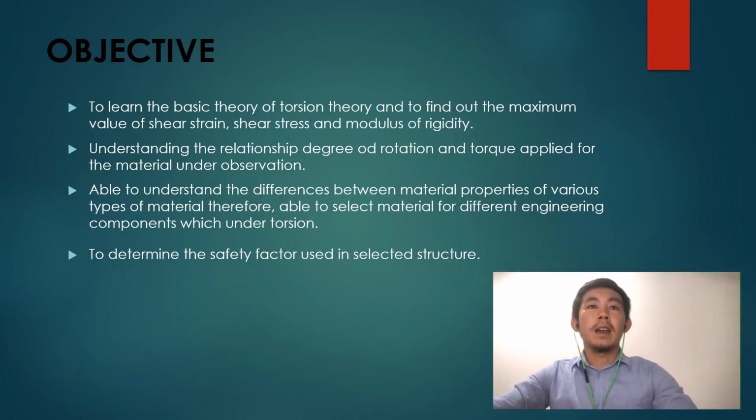Thirdly, to understand the differences between material properties of various types of material, therefore being able to select material for different engineering components which are under torsion. Last one is to determine the safety factors used in the selected structure. That's all for the objective. Thank you.